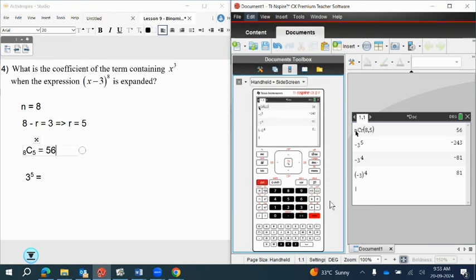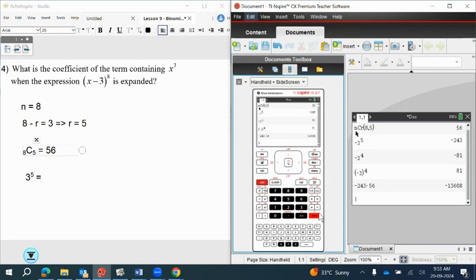What we're going to need then is the product of those two. So I'll scroll up. Let's take this one, enter, multiply it by this one, enter, and enter again. And I'm getting our coefficient is equal to -13,608.